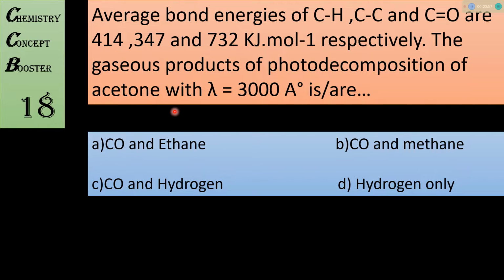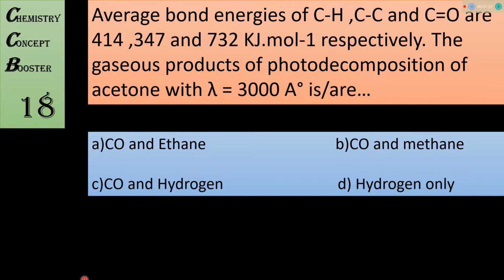The average bond energies of three bonds, C-H single bond, C-C single bond and C=O double bond, are given as 414 for C-H, 347 for C-C and 732 for C=O, all in kilojoule per mole.